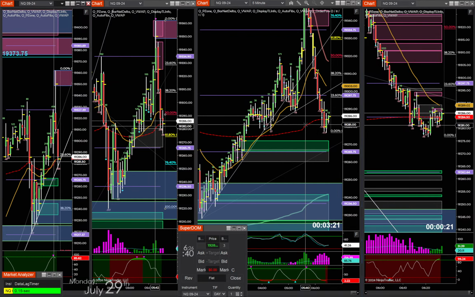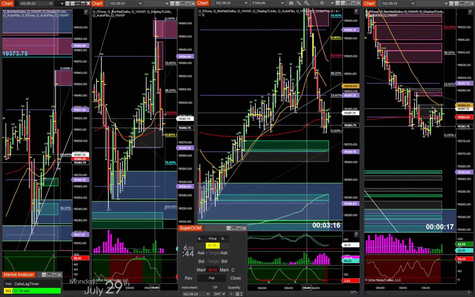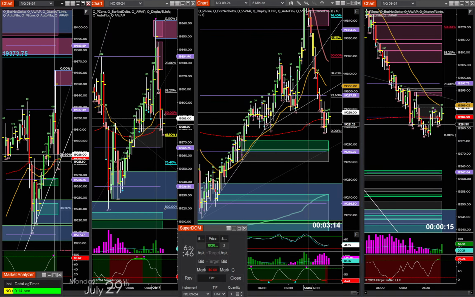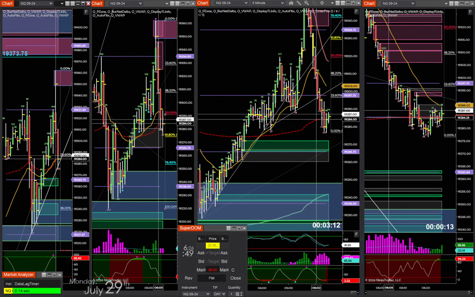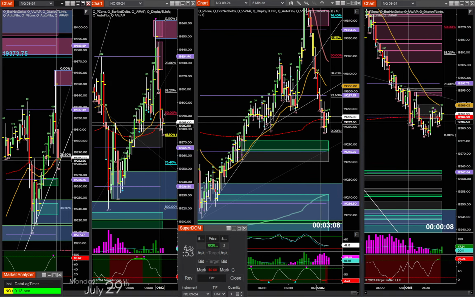And plus you're right against this red line here, which is overnight VWAP, right? So that's also not a good short, because this is going to be a big support here.